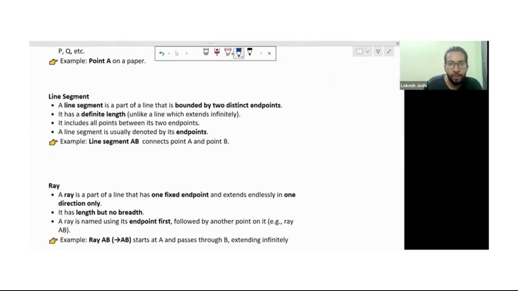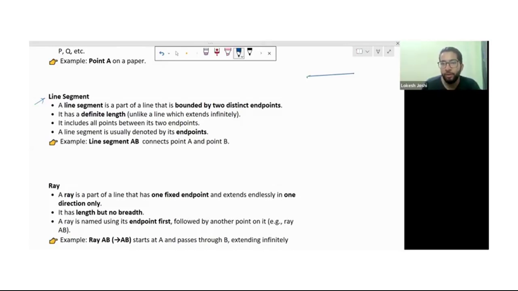Now I am trying to explain line segment. A line segment is a part of a line that is bounded by two distinct endpoints. Forget about part of a line: we can directly make 2 points, and if I join these 2 points by a straight path, then this one is known as a line segment.